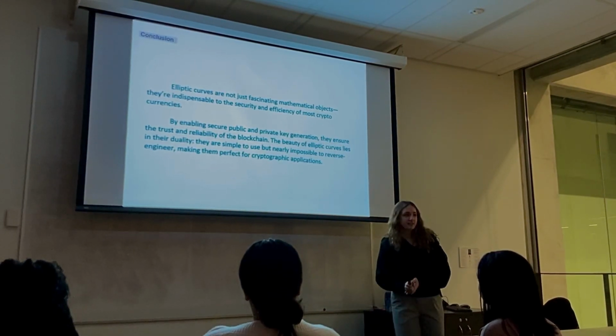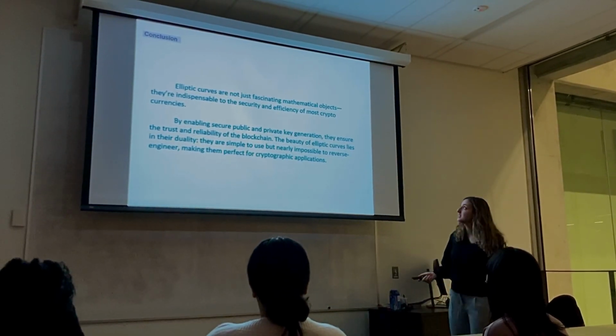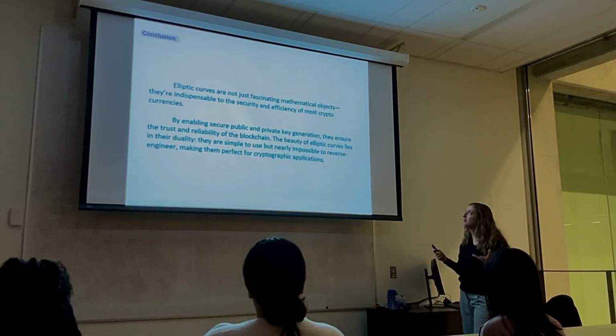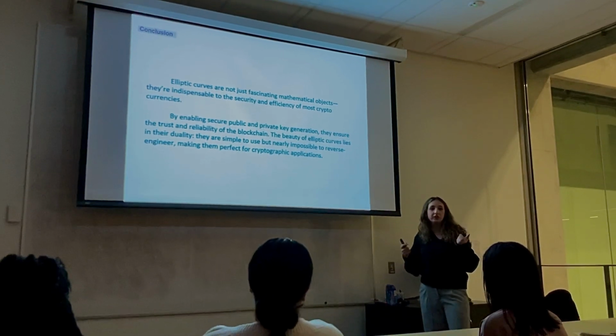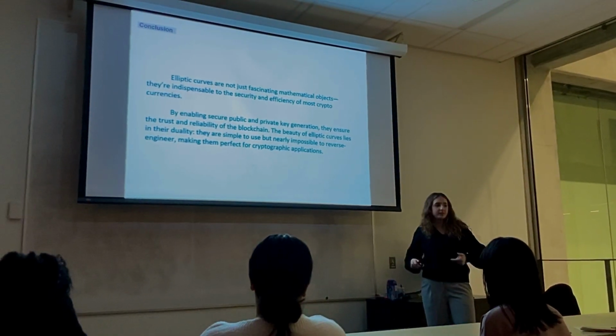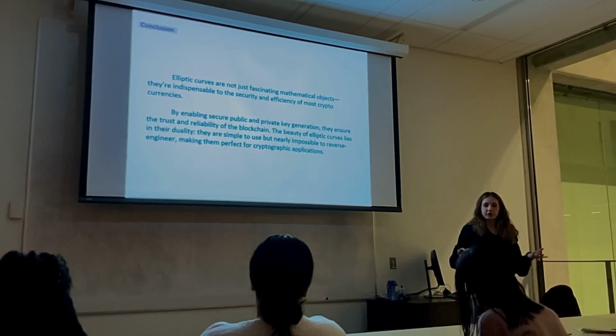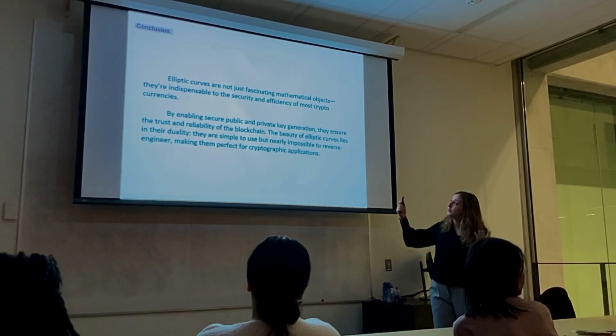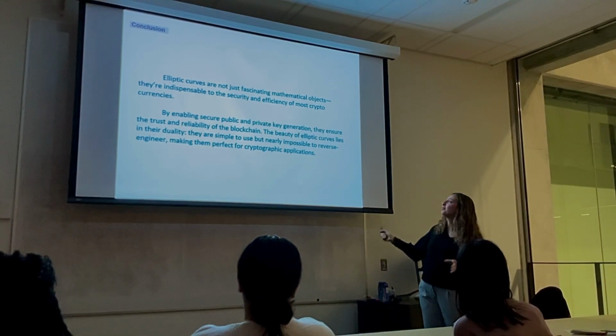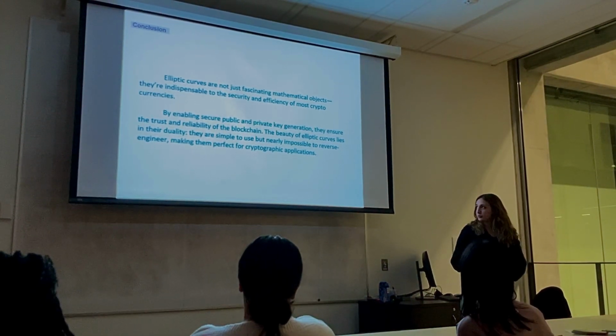So yeah, basically this is all I needed to say about elliptic curves. They're not just a fascinating mathematical object, and the fact that it's really hard to derive something out of it is actually used in cryptocurrencies and also to secure different types of private information. So they're indispensable for the security and efficiency of most cryptocurrencies.